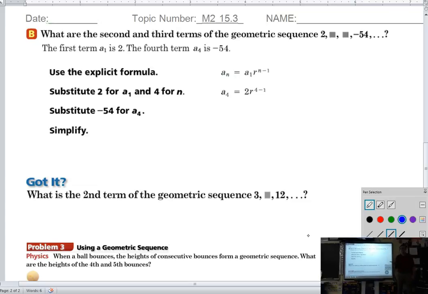If I know the term value, I have to know the n value, because what term is it? So we have our fourth term. So we plug in negative 54 equals that start term of 2, common ratio to the 4 minus 1, which really, we know, is going to be a 3. 2 times R to the third.